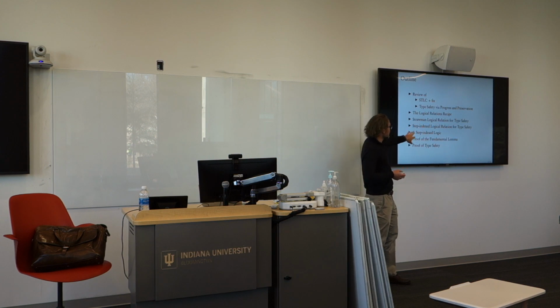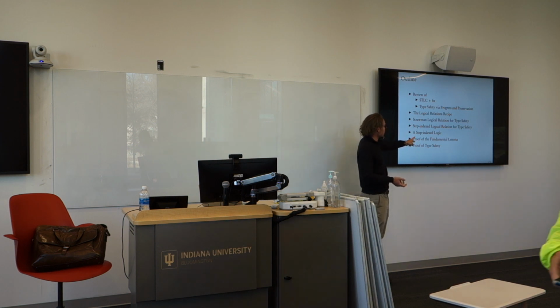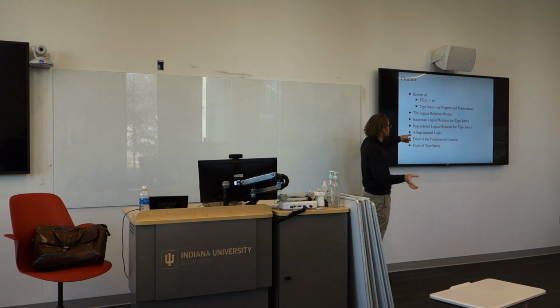Then we'll get into the logic that helps you do proofs about step-indexed logical relations. It's a step-indexed logic, kind of a modal logic or a temporal logic. Then we'll spend a big chunk of the time diving into the proof of the fundamental lemma, reviewing what you have to do.